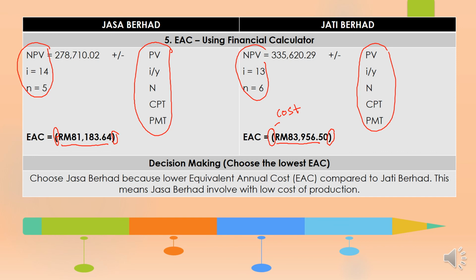Based on the EAC answers under Jasa and Jati, we compare them, and we can see here that the lower cost is represented by Jasa Berhad. So you should choose Jasa Berhad because it has a lower equivalent annual cost, which is EAC, compared to Jati Berhad. This means Jasa Berhad involves a low cost of production.